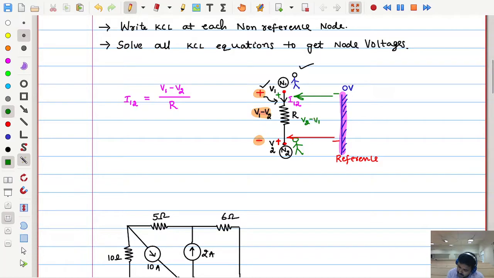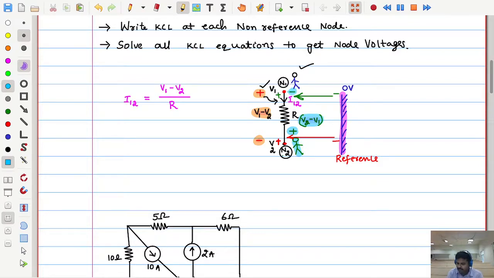V2 minus V1. This is the voltage difference from node 2 to node 1. With respect to the node 2 person, the voltage at node 2 is higher than node 1, so I am putting the node 2 side as positive, and the other side as negative.